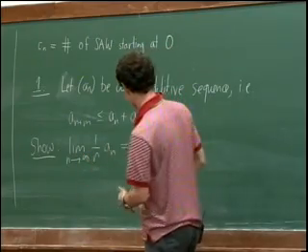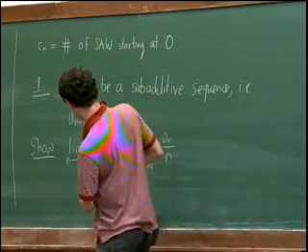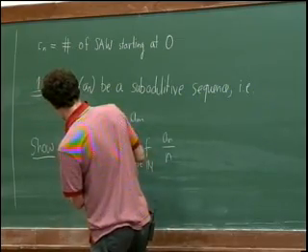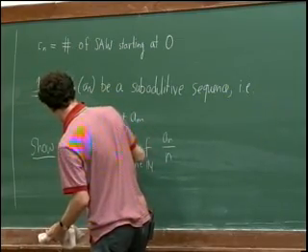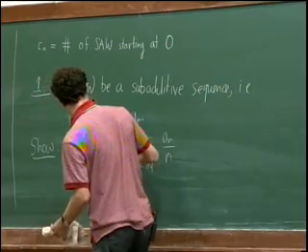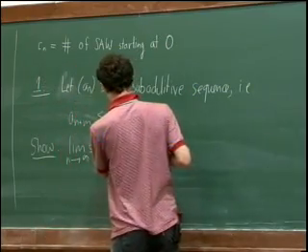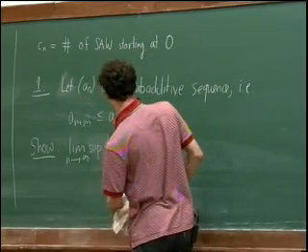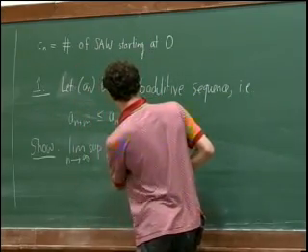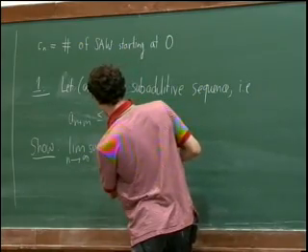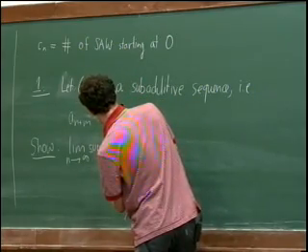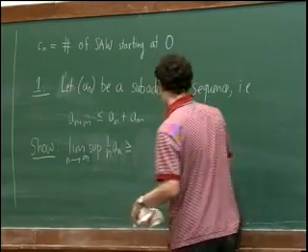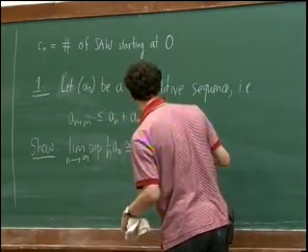So obviously it suffices to show that if we modify the statement a little bit, we replace a lim by a lim sup. That doesn't change anything. And we remove the inf. We want to show that this is larger than a_m over m, for all m.